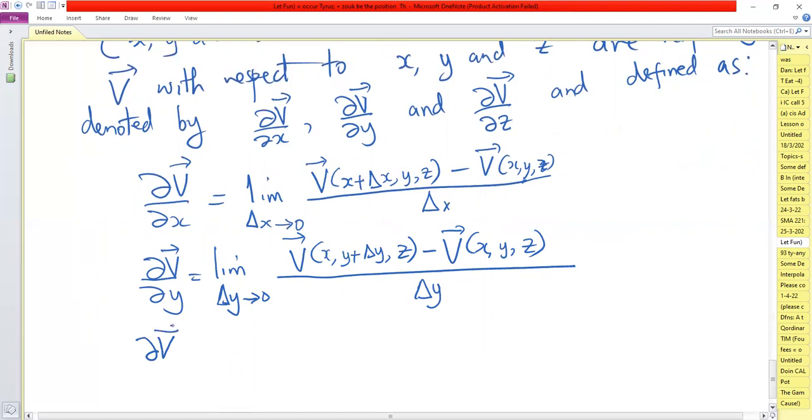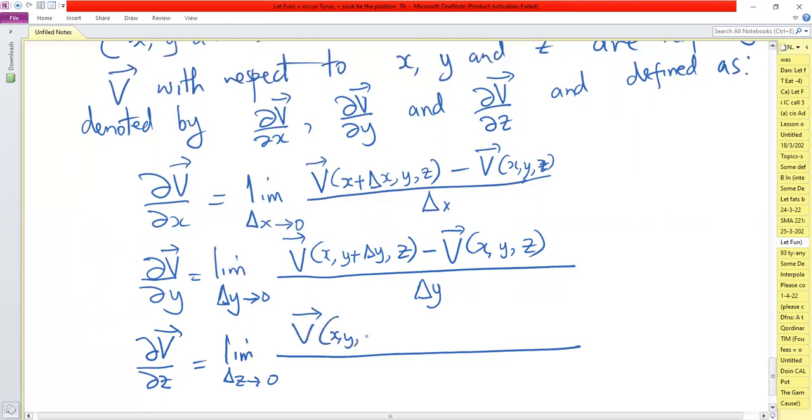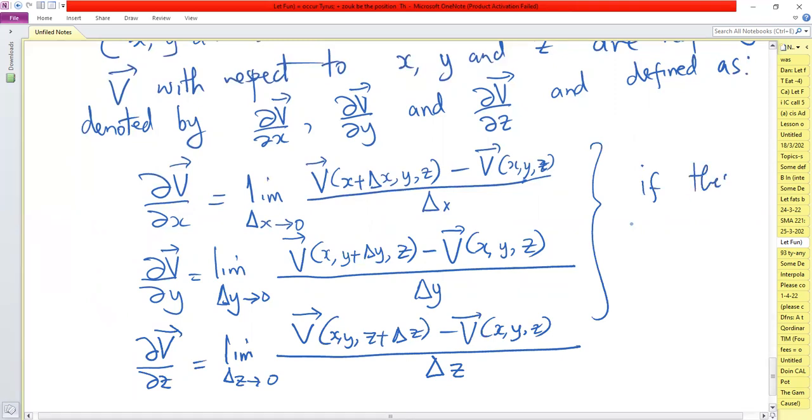And then partial v partial z equals the limit as change in z approaches 0 of v of x, comma y, comma z plus change in z, minus v of x, y, z, over change in z, if this limit exists.